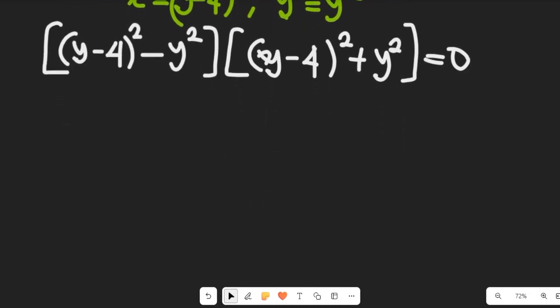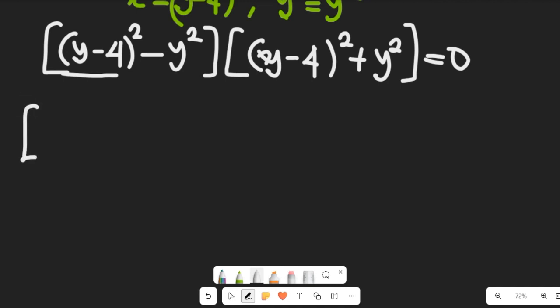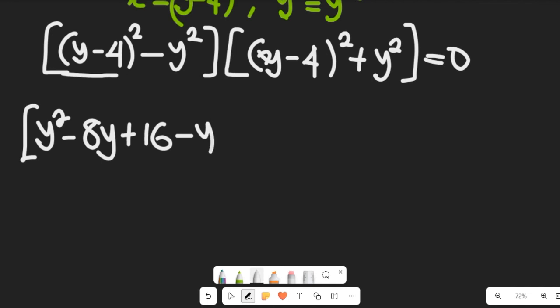So we're going to expand this. If we expand the whole expression, it becomes y squared minus 8y plus 16, and this will be minus y squared.